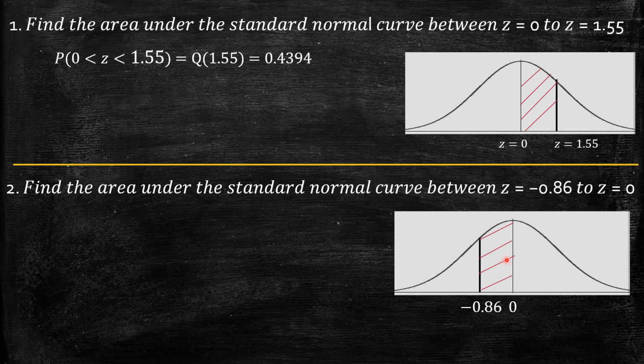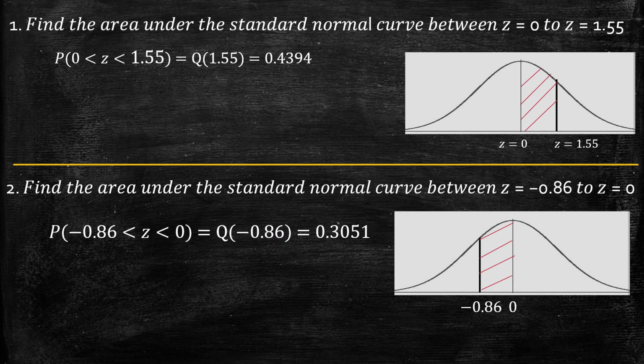The area from 0 to 0.86 is the same as the area from minus 0.86 to 0. So A of minus 0.86 is the same as A of 0.86. Or if I want to find it using the calculator, again the operator is Q, because the probability from minus 0.86 to 0 is Q of minus 0.86, which gives 0.3051.